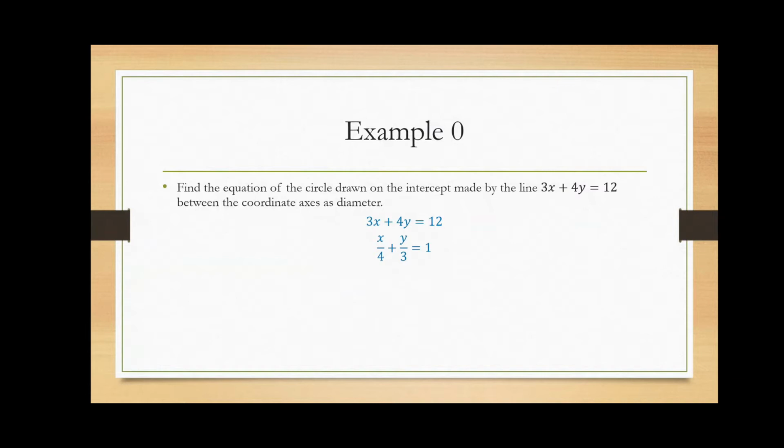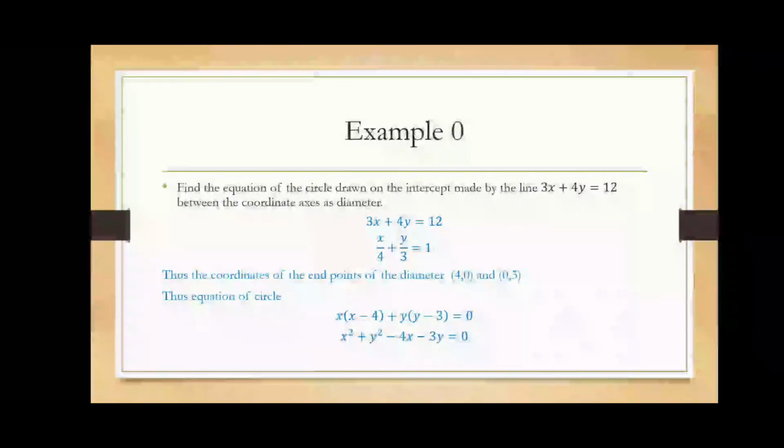So the endpoints of the diameter will be (4, 0) and (0, 3). Once we have got this, the equation of the circle will become x(x - 4) + y(y - 3) = 0. Solve it, and you get x² + y² - 4x - 3y = 0.